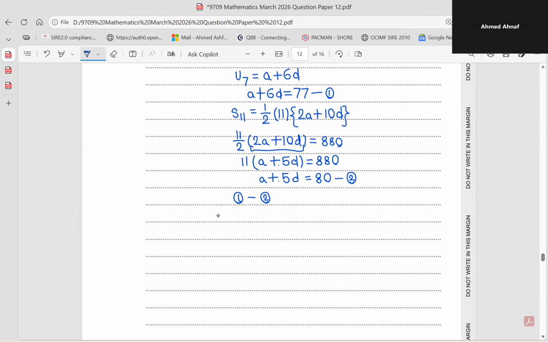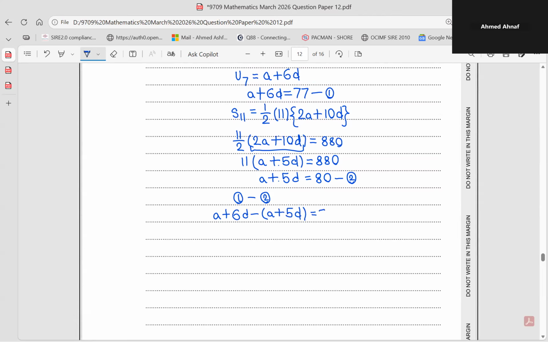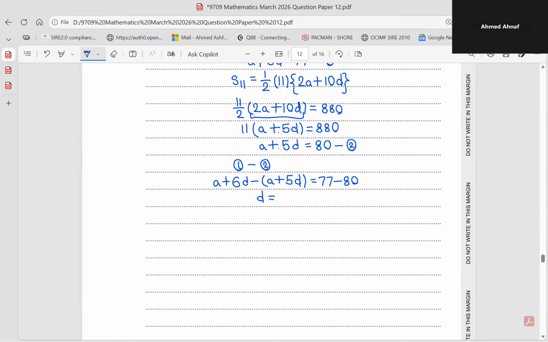So equation 1, a plus 6d, minus equation 2, a plus 5d, equals 77 minus 80. So a minus a is just 0, and 6d minus 5d is just d. So for d, we just get minus 3. Okay, so this is our d value.